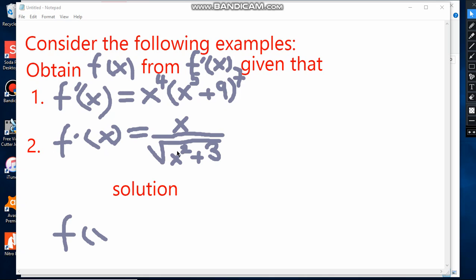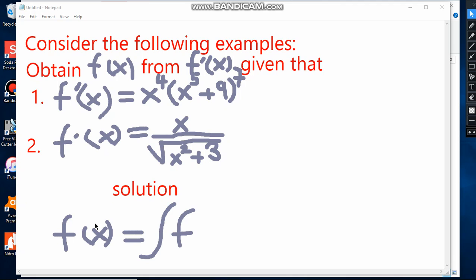When we look closely, this expression inside the square root is g of x, and this is g dash of x, which means we obtain x after differentiating x squared plus 3, and we obtain x raised to 4 after differentiating x raised to 5 plus 9. Don't consider the 7. Okay, let's see closely.